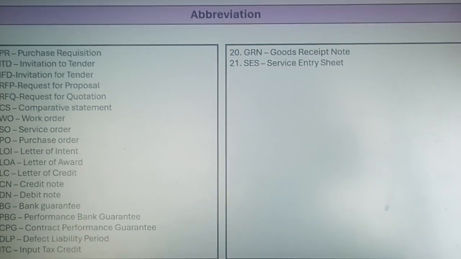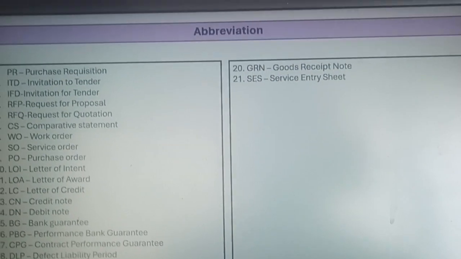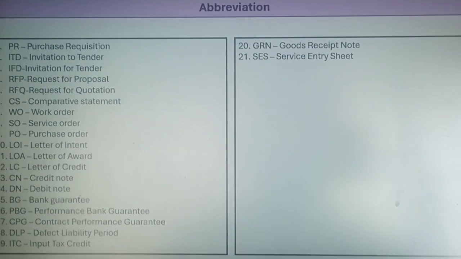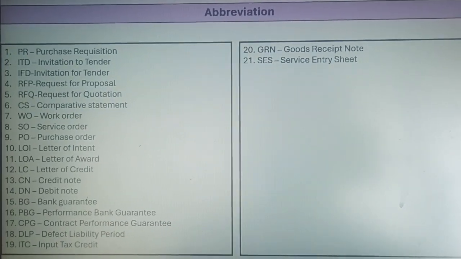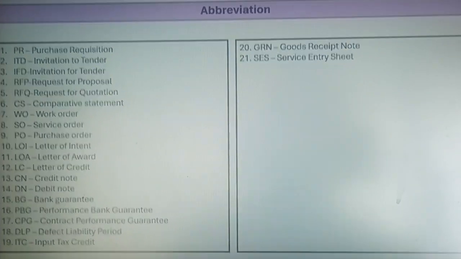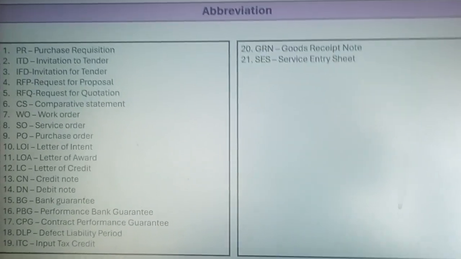SES means a service entry sheet. If there is a service order, the contract period may be 12 months, but the invoice submission is every month.